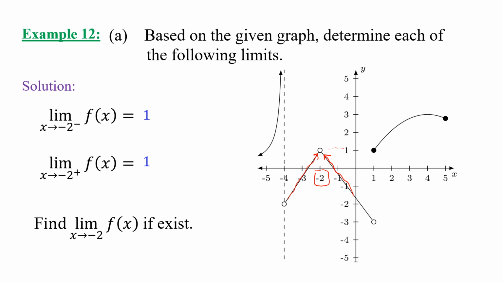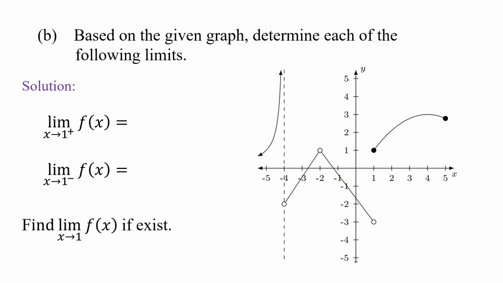So what can we say about the limit as x approaches negative 2? Does the limit exist? Yes, the limit exists because the left-hand limit is equal to the right-hand limit. And the limit as x approaches negative 2 of f(x) is equal to 1.